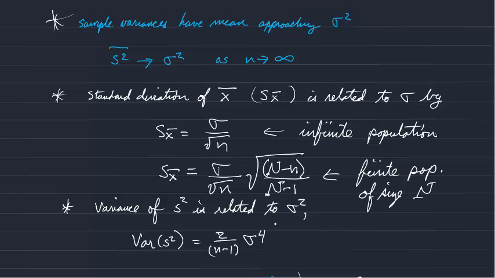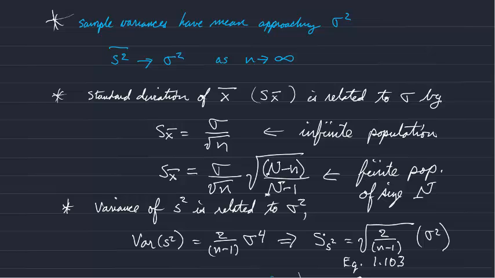Or if we write that in terms of standard deviation, the standard deviation of the variance is equal to the square root of all this times sigma squared. And I'd like to point out this is equation 1.103 of Wessel. I've just written it in a slightly different form to be consistent with using S for the statistics measured of the sample.